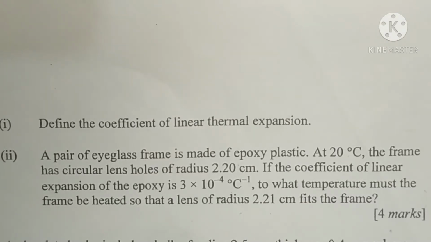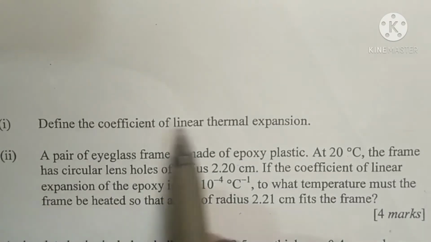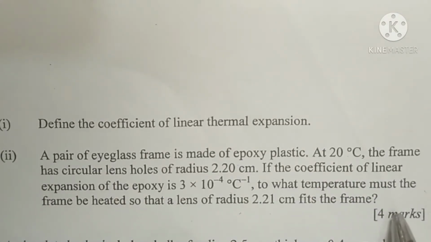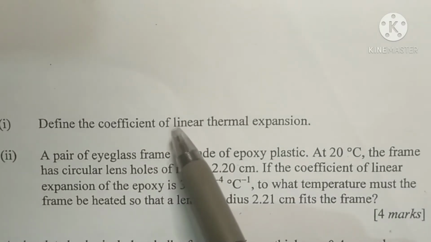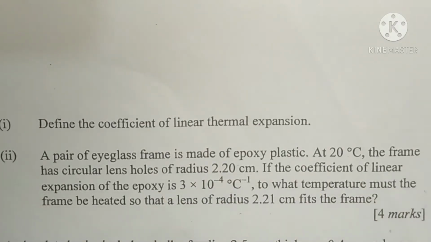If the coefficient of linear expansion of the epoxy is 3 times 10 to the power of negative 4 per degree Celsius, to what temperature must the frame be heated so that a lens of radius 2.21 centimeter fits the frame? Just now was 1 mark. For this part it carries 3 marks.